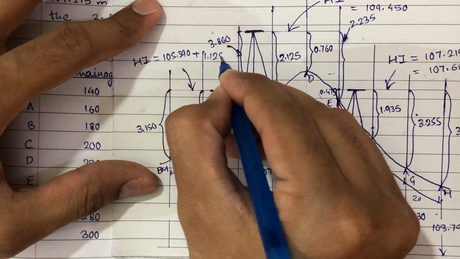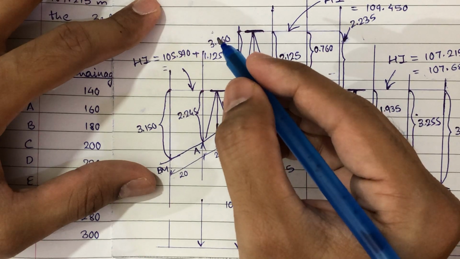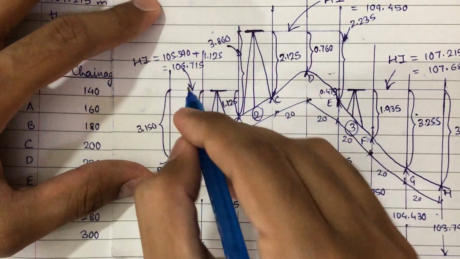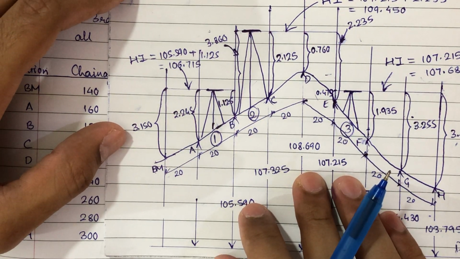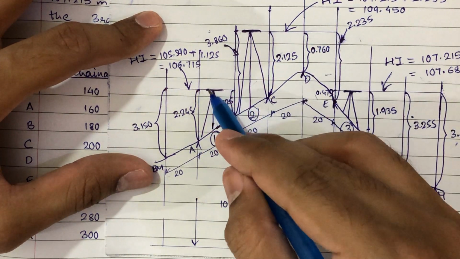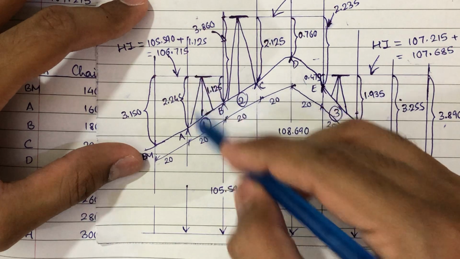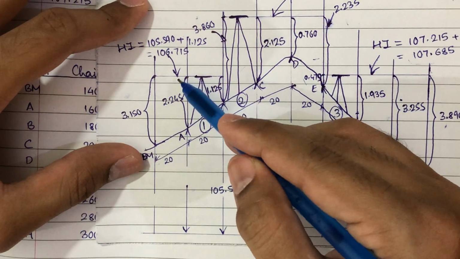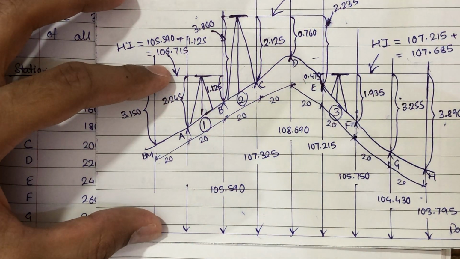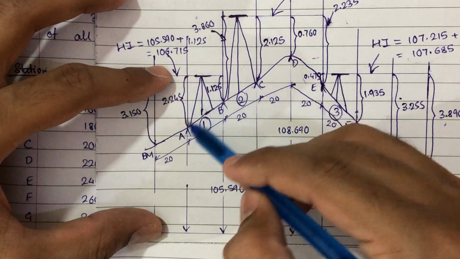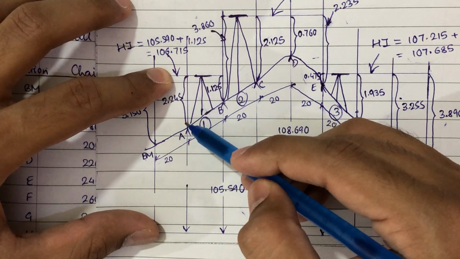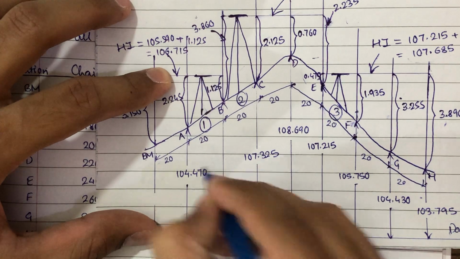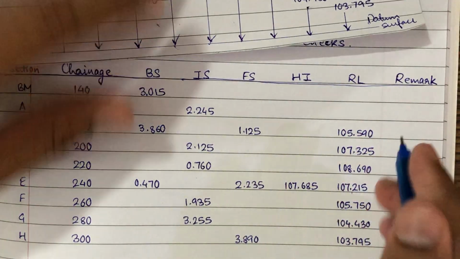So this HI comes out to 106.715. With this HI we can calculate RL at A. So RL at A will be 106.715 minus this height, that is 2.245. So RL at A comes out to 104.470.